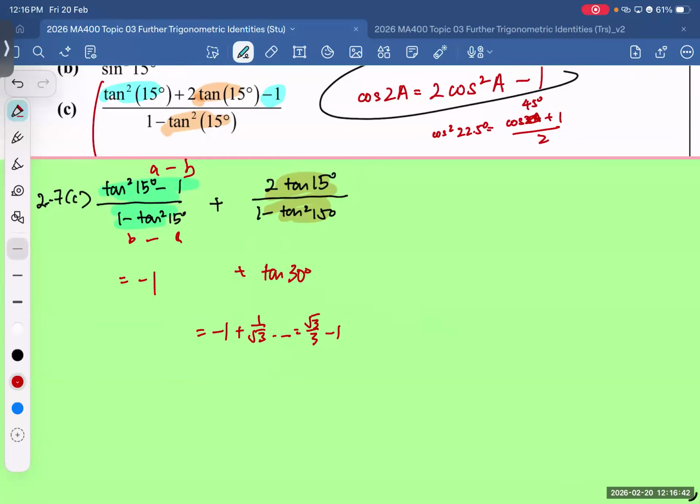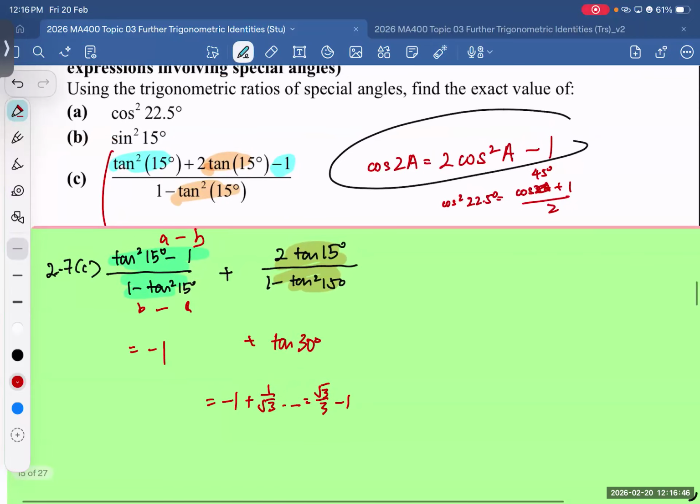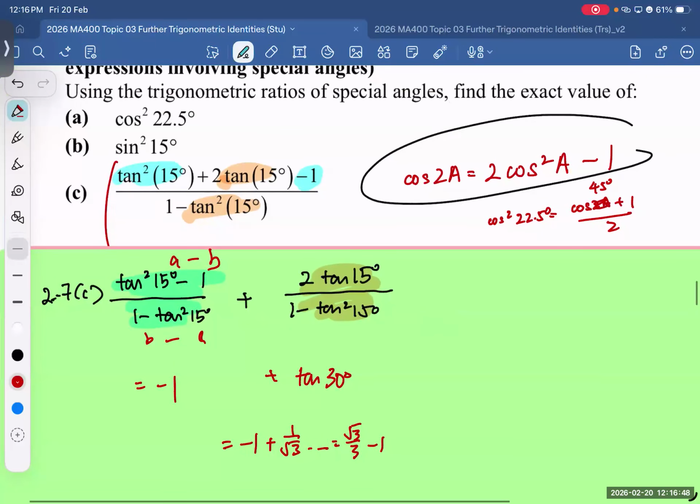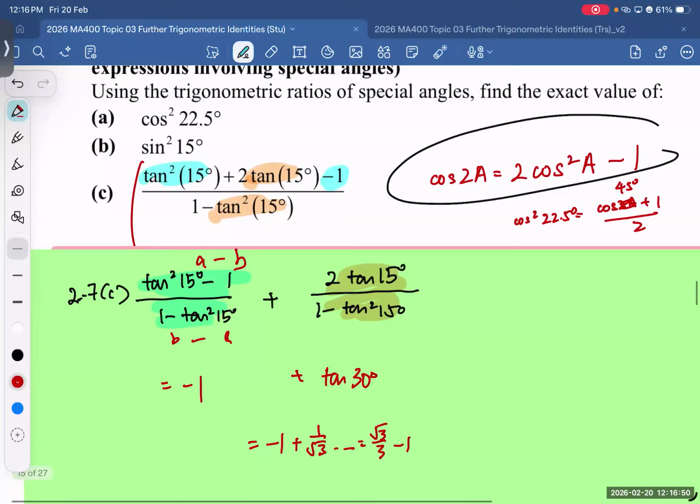Okay, from the front, all the way from the front. Here is okay. Now, you see this is A minus B and this is B minus A. A minus B divided by B minus A will just be negative 1.